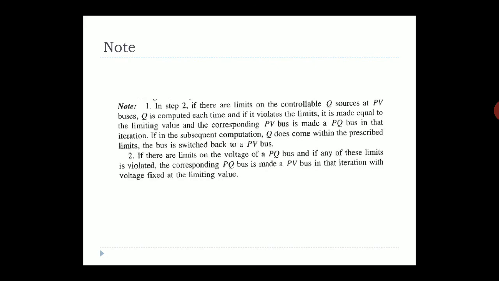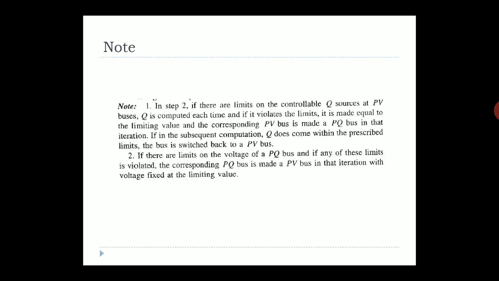For the PV bus, P and V are known, while Q and delta are not known. Now we find the value of Q, but if this value of Q violates a certain limit, because we cannot have Q generation to that extent, then we take that limiting value of Q, and for that iteration we consider the PV bus as a PQ bus.